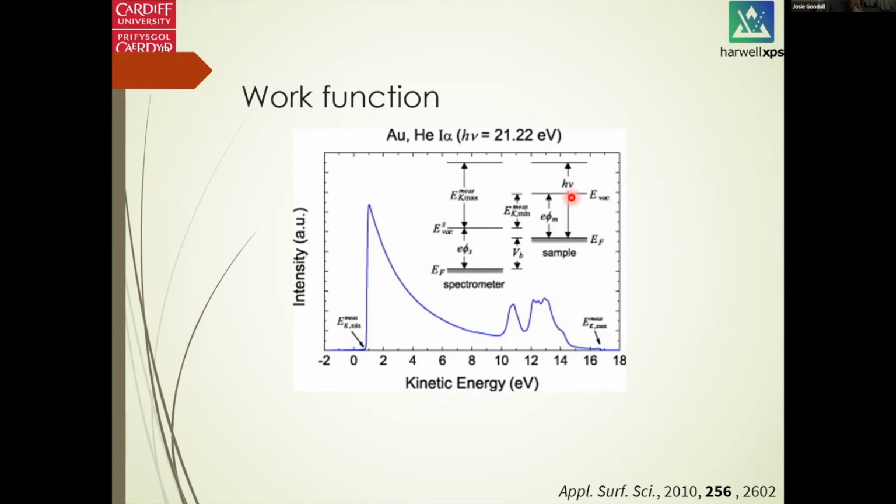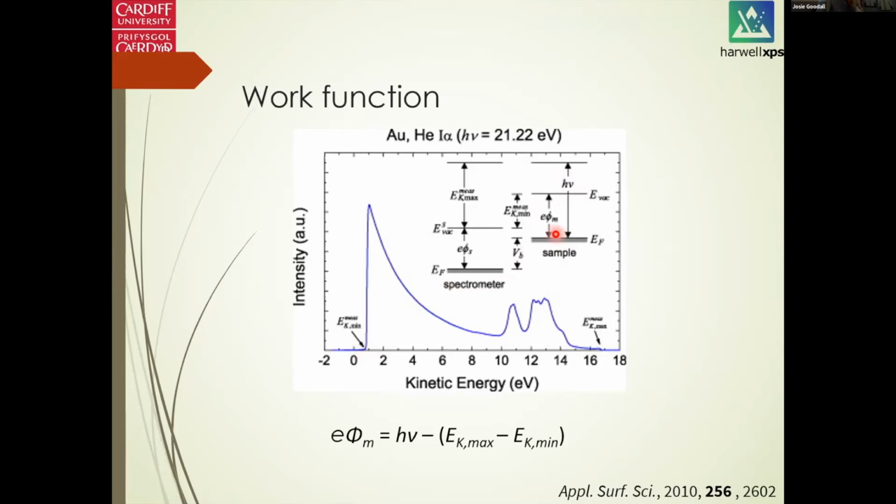So the work function is the difference between the sample Fermi level and the vacuum level of the sample. And normally we apply a bias to the sample to decouple the Fermi level of the spectrometer, and also make sure the secondary electron cutoff is above 0.